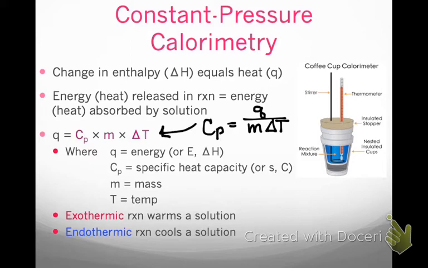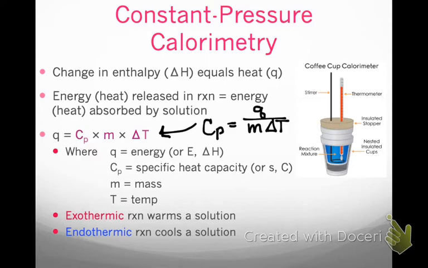Q equals C sub P times mass times delta T. Q is the energy or heat that's absorbed or released by the system. C sub P is the specific heat. I think your book uses S, which means the same thing. S for specific heat, or C sub P would be appropriate as well. And sometimes you might just see C, but I think your book uses S.